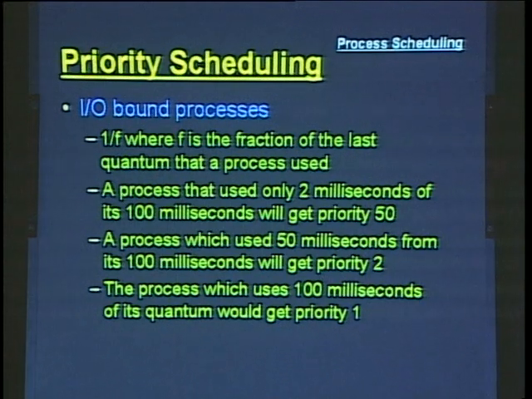Don't get confused: the larger the number in the priority, the better. The process will command a high priority if it is a high number. The process with priority 50 will command a high priority, and a process with priority 1 or 0 will command the least priority in the scheduling algorithm.